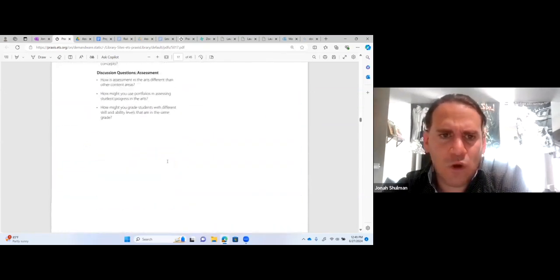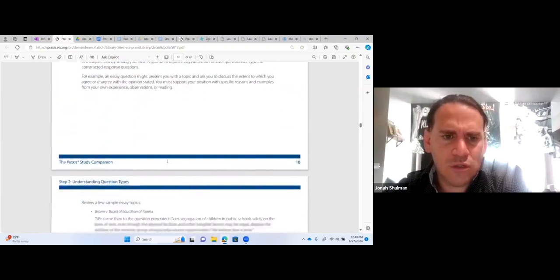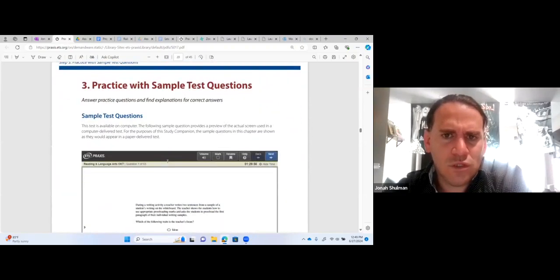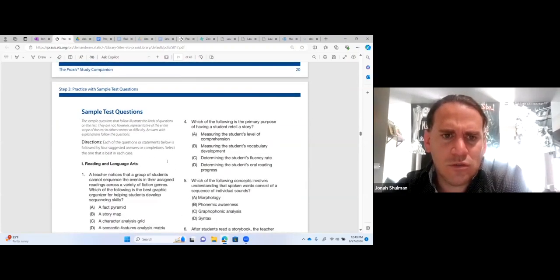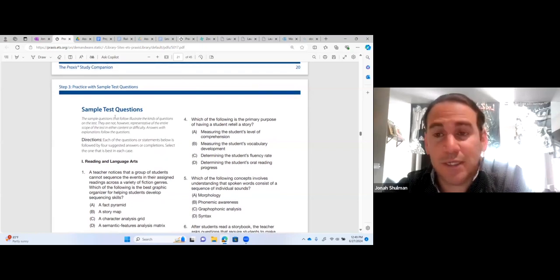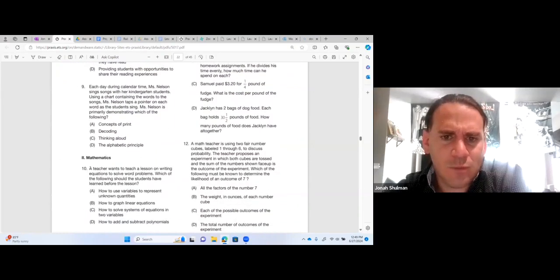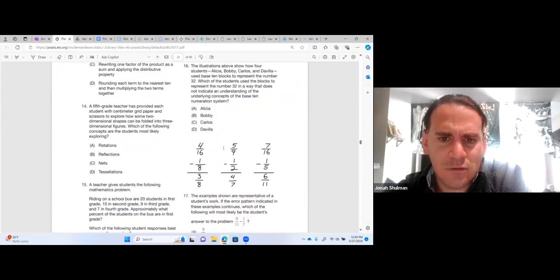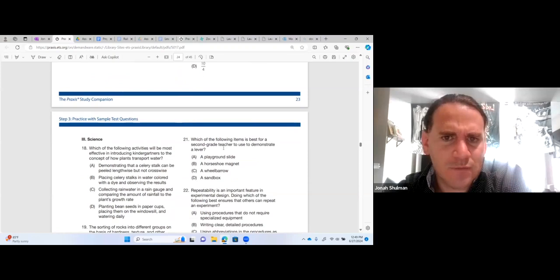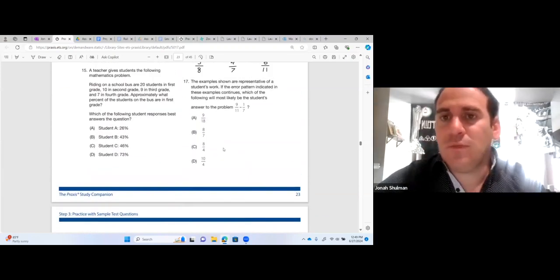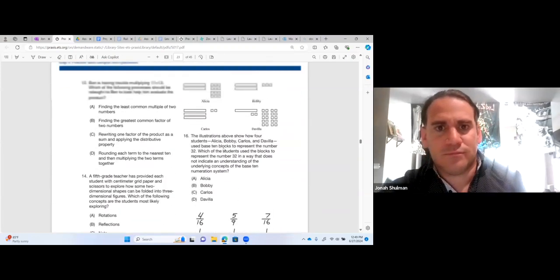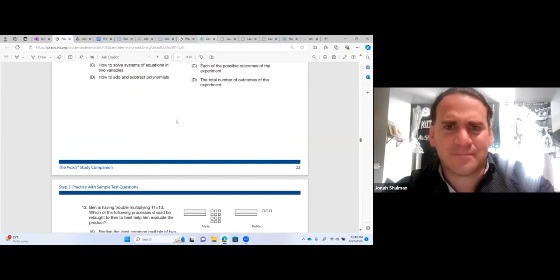And I want you all to go to the sample test question. So this is page 21. I want everybody to go to page 21, and I want you all to try numbers 10 through, how many are there? 17. So you got 8 problems to do, 10 through 17.